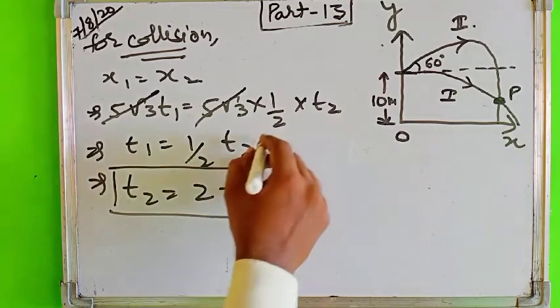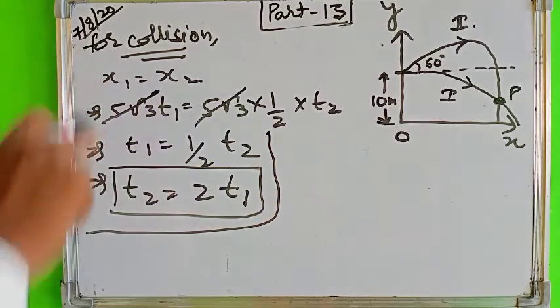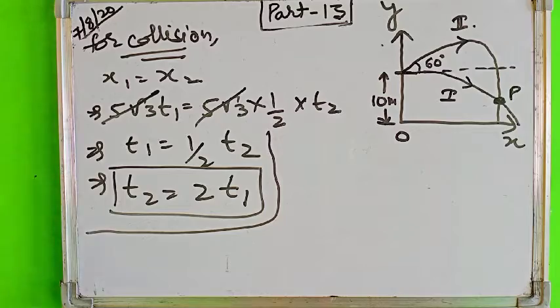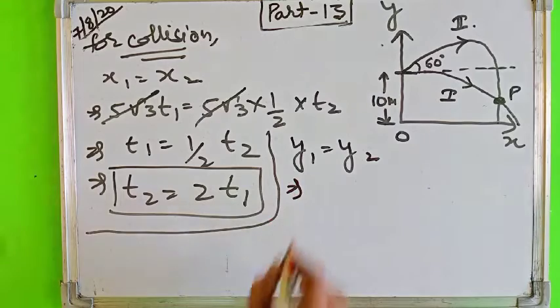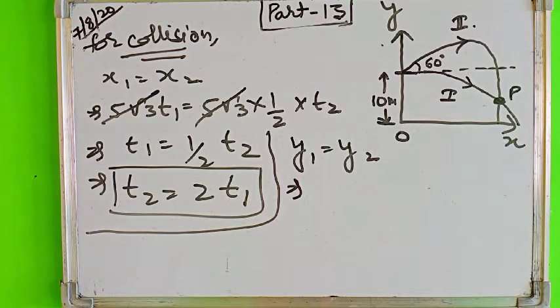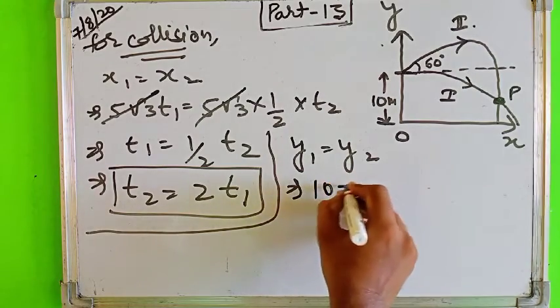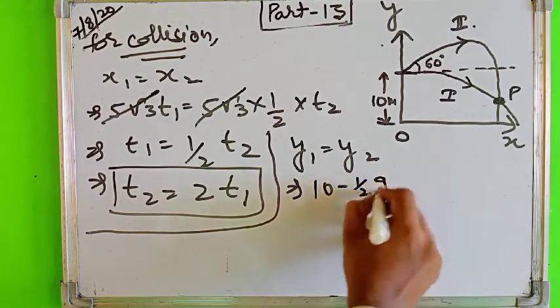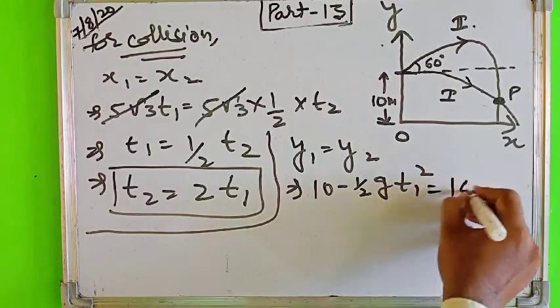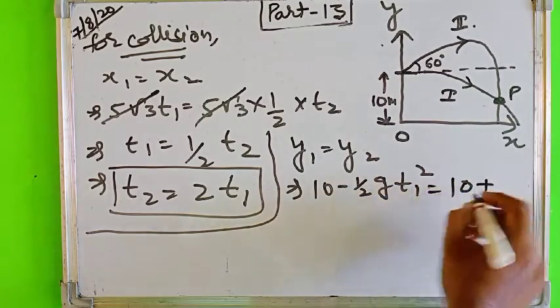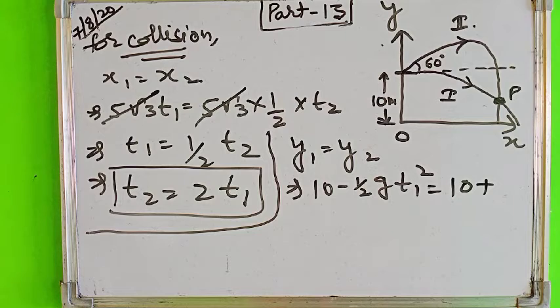Now for the second, this was for the x coordinate. For the y coordinate, y1 is equal to y2, and y1 is 10 minus 1 by 2 g t1 square, equal to 10 plus 5 root 3 sine 60 degree T2 minus half g T2 square.